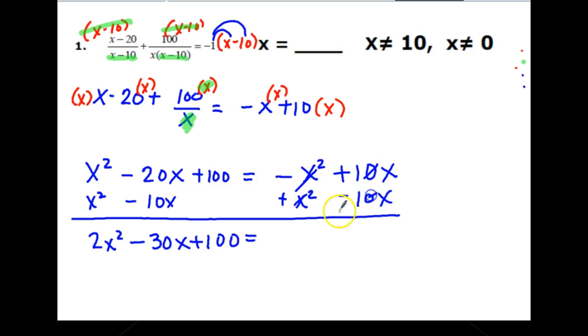Cancel, cancel, cancel, cancel. If it is quadratic, it has to be equal to 0 so that you can factor it. I do not want to start this by factoring 2 times 100 and finding the factors of 200. Do you notice that these are all even? So I am going to factor out a 2, so it's going to be easier to factor.